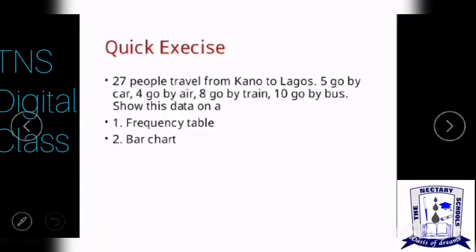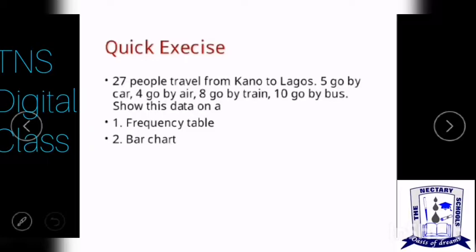Now, have a quick exercise. I need you to put this down somewhere, solve it, and let me see your working. This is a quick class work. 27 people travel from Kano to Lagos. 5 go by car, 4 go by air, 8 go by train, 10 go by bus.